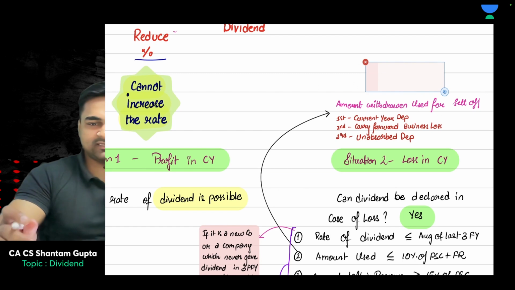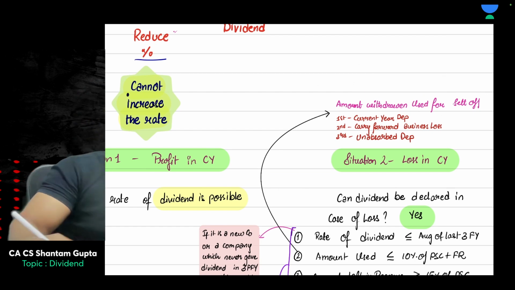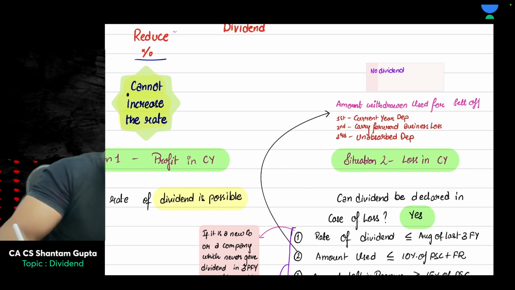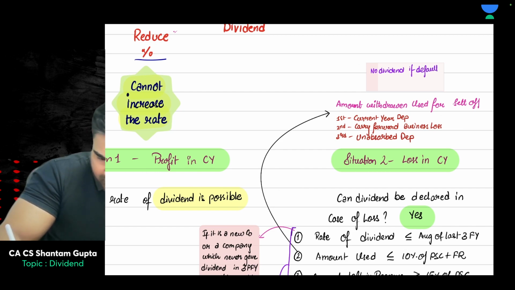No dividend if defaulted in payment of deposits.